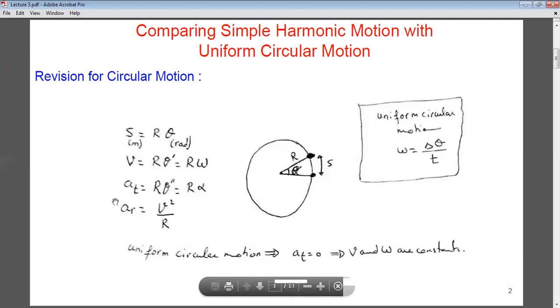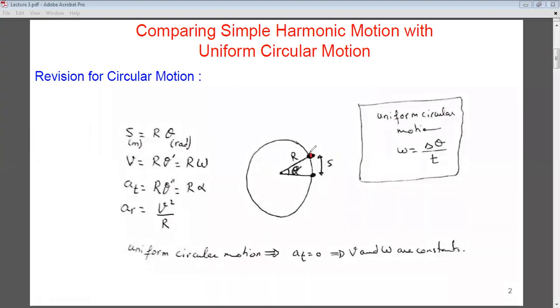Now, we have two types of acceleration. One type is the tangential acceleration. As it's moving, there is an acceleration in this direction. So if it's here, there is an acceleration in this direction, and in this direction. So this is a tangential. If the speed is changing, it means there is a tangential acceleration.